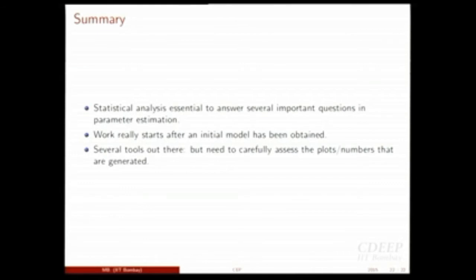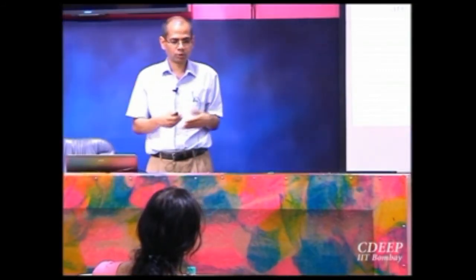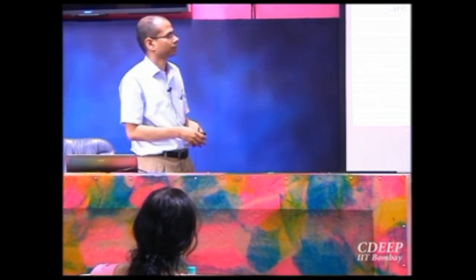There are several tools out there in the literature, they will generate all sorts of things for you, but still you need to exercise judgment. You need to carefully assess the plots or the numbers that are generated. To some extent it remains an art, and there is no perfect algorithmic way of giving yes or no answers.